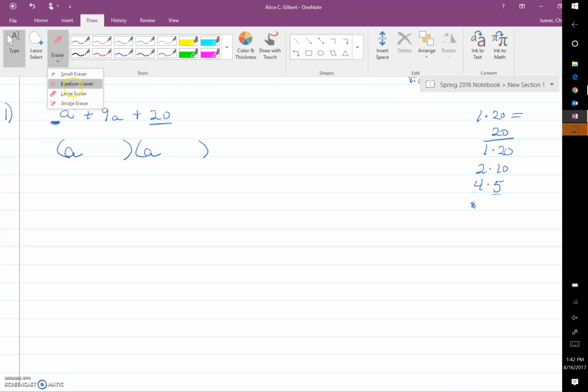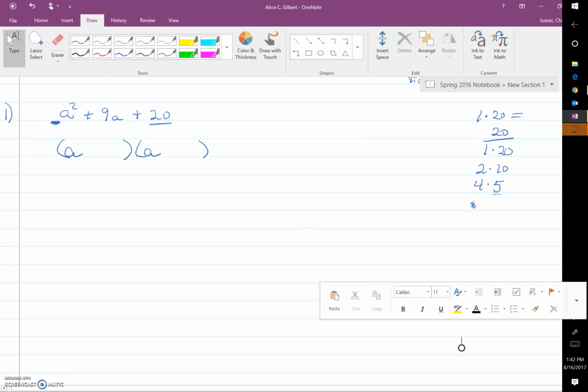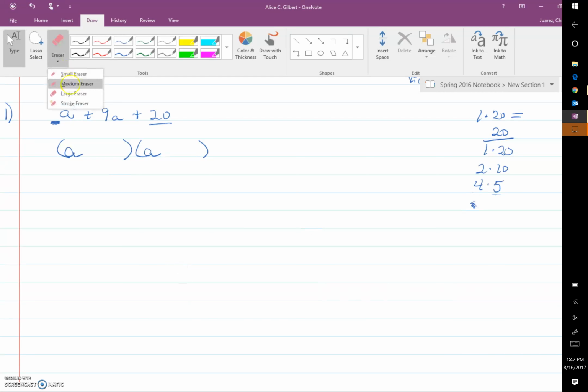So let's get rid of this guy here. Okay. Now, once I've done that, then I need to look at, is it either this pair or this pair or this pair, that when I add them together in any combination of signs, I will get the sign and this number of the middle term.